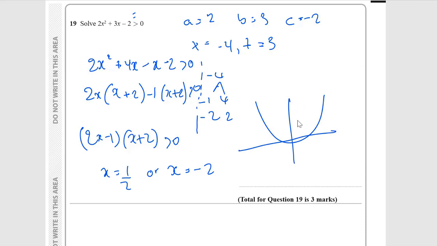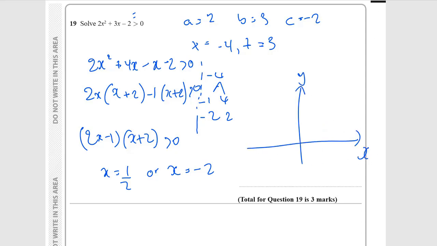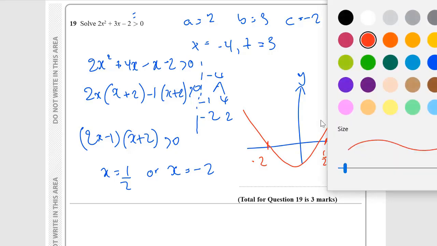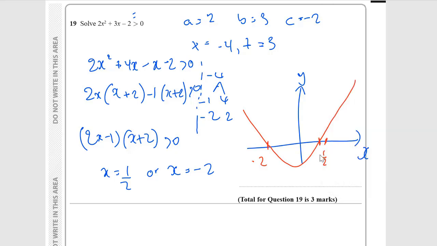So if we draw out a curve, that's y, that's x. We know it's going to cross at a half, and we know it's going to cross at minus 2. Don't worry about where it crosses the y-axis.